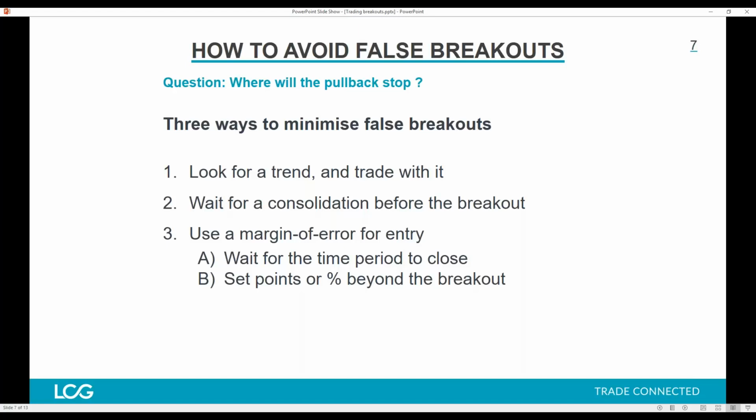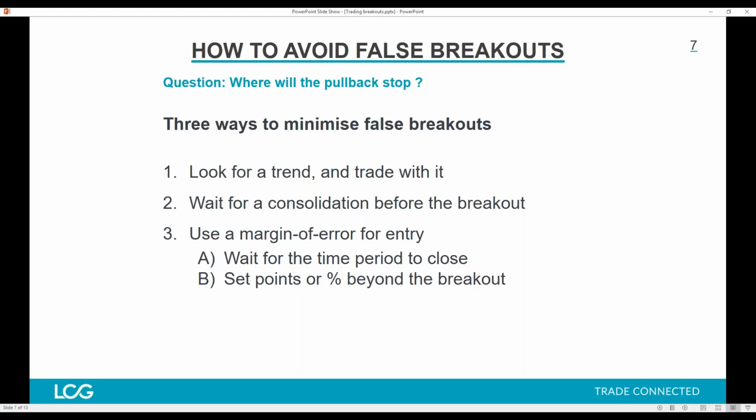So with that in mind, that we're not dealing with a precise world here, what's often a good thing to do is wait for a close of the particular time period that you're trading to confirm that the breakout is real, or B, just set a certain number of points or a percentage of the price beyond the breakout to, again, add a bit more confirmation that it's real.